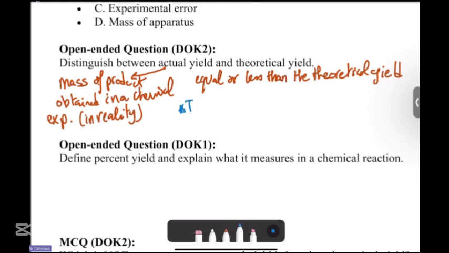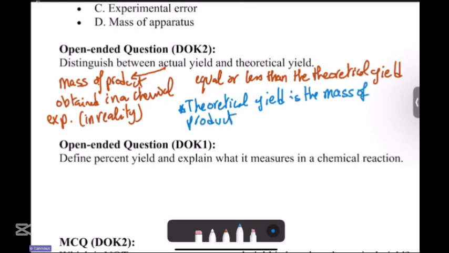Now, theoretical yield is the mass of product obtained from calculations. You do your calculations on the equation using stoichiometry, obtained from stoichiometric calculations.